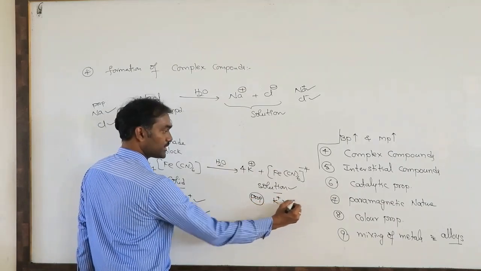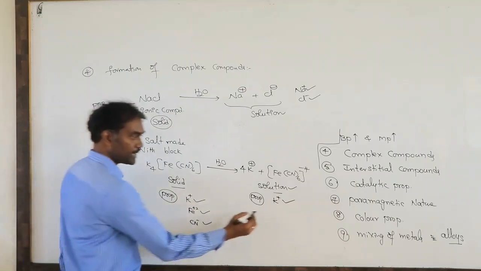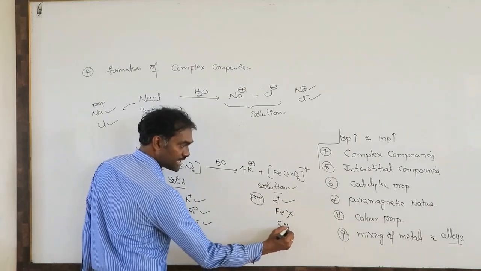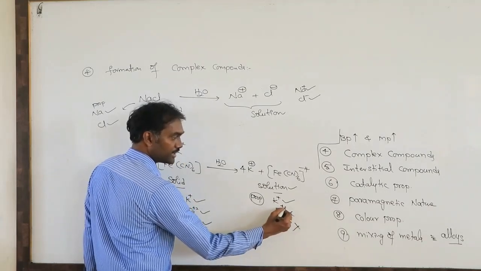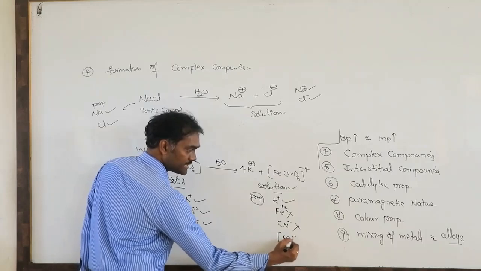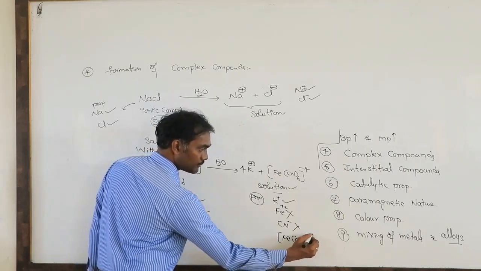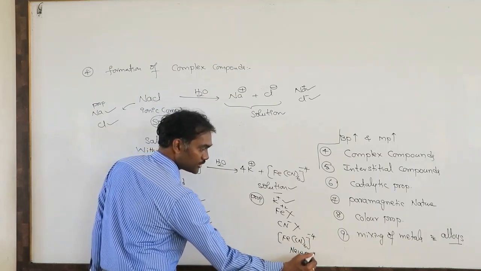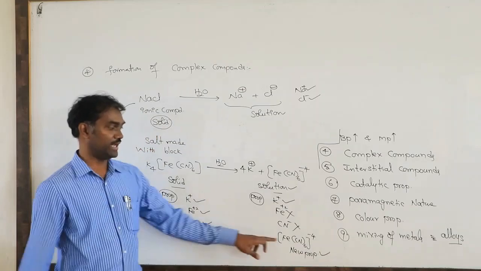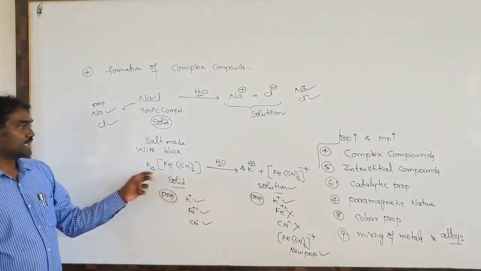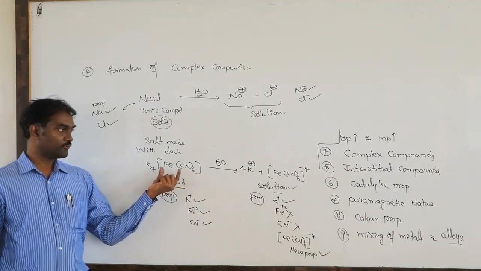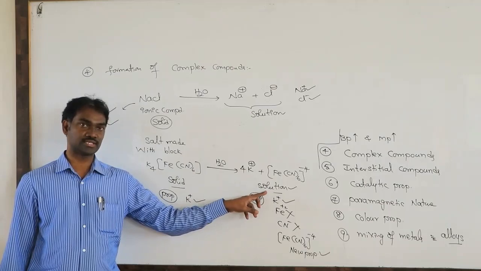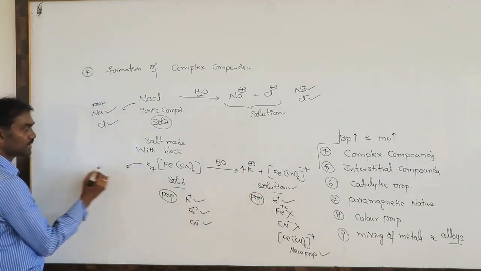Potassium properties we can identify, but the iron property you can't identify and the cyanide property you can't identify. But what happens? [Fe(CN)6]4-, this new property, you can identify. So the chemical substance which loses its original properties in the solution state, that you call a complex compound.